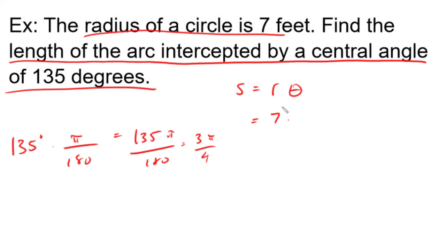So this would be 7 times 3 pi over 4, which is 21 pi over 4. That is approximately 16.493 feet. That's a 9, by the way. I know it doesn't look like a 9.